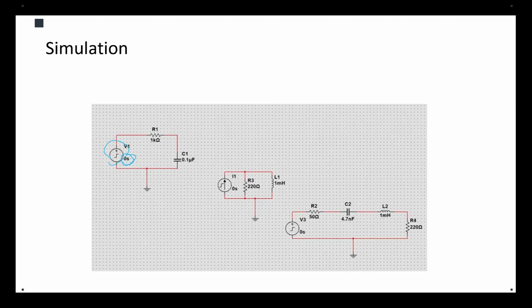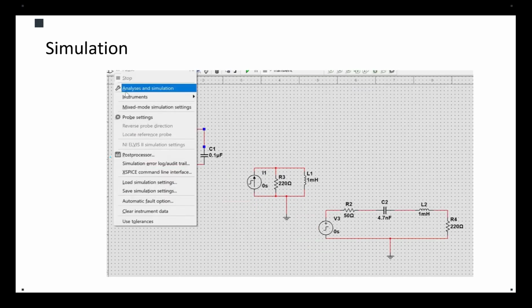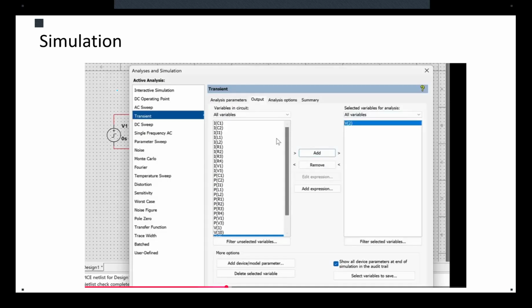Is that clear? Now, when you did that, you click on the simulate menu. In the simulate menu, you have the analysis and simulation option. You click on that, and this window will open. Okay? We want to run a transient analysis, so we choose transient.